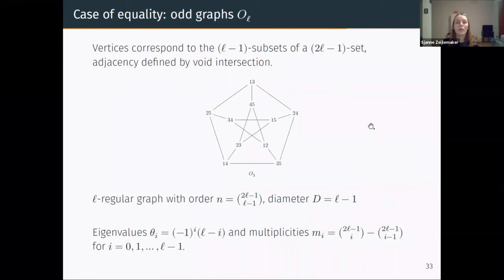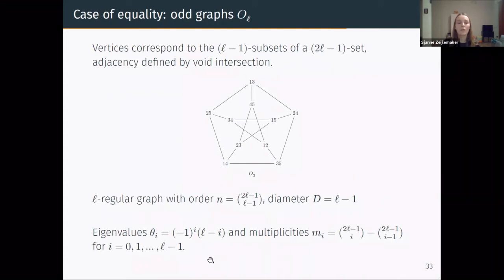And another infinite family for which this works very well are the odd graphs. So there's one odd graph that we all know, the Petersen graph, and it's basically defined where the vertices are some subsets of a larger set, and edges are defined by disjoint intersection.